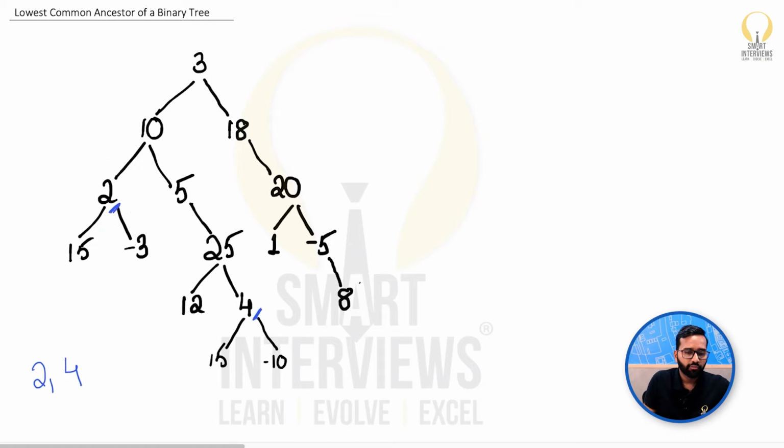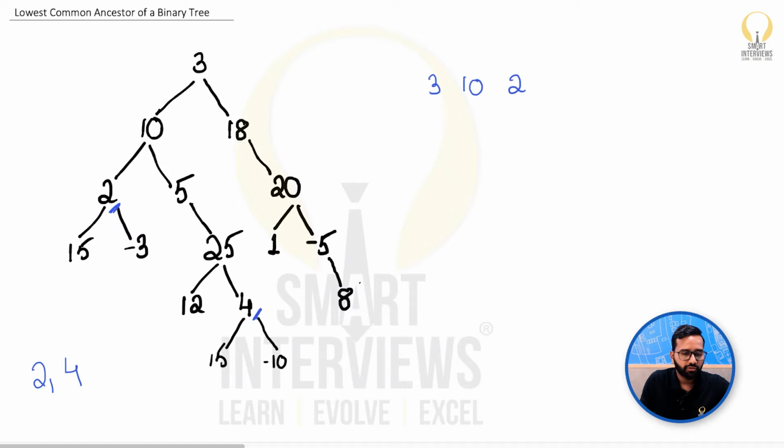If you look at it more closely, the nodes 2 and 4 have two common ancestors, which are 3 and 10. So one way to look at this is, if you traverse from the root node to the node 2, you will see that the nodes from root to 2 are 3, 10 and 2.